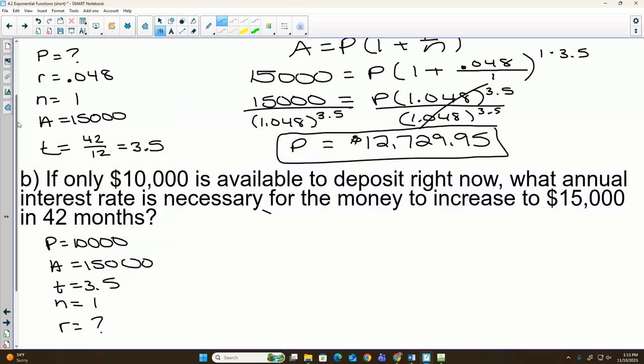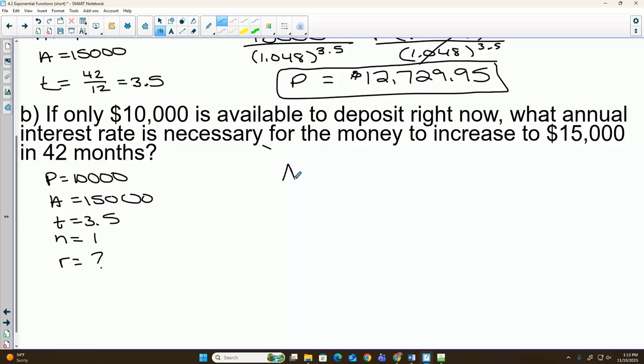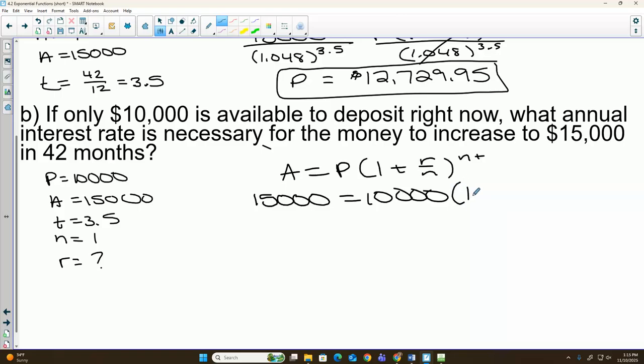Okay, so we know how to solve exponential equations, so we can solve for different variables. So if I plug this stuff in, how would I move my 10,000 to the other side? Divide it. 15,000 divided by 10,000?